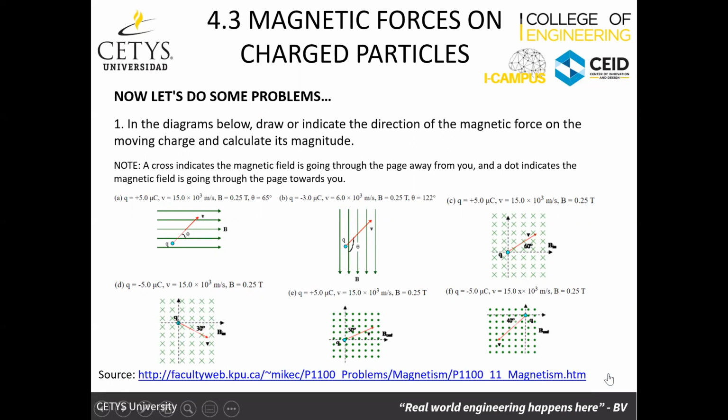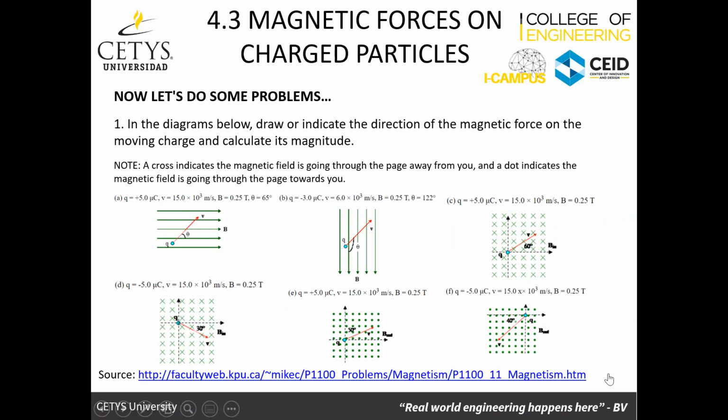Let me explain what the symbology on the diagram means. First off, the green lines are going to be the magnetic field, and they have an arrow indicating where it's going. In some cases, the magnetic field is going into or out of the page, in 3D.